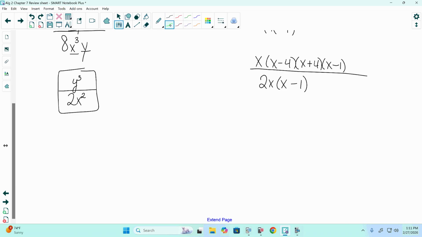Now at this point, the x minus 1 and x minus 1 on top and bottom will cancel because we do have products on top, products on bottom. They simplify. Same reasoning, the x over x will simplify. Telling us that we're left with x minus 4 times x plus 4 all over 2.